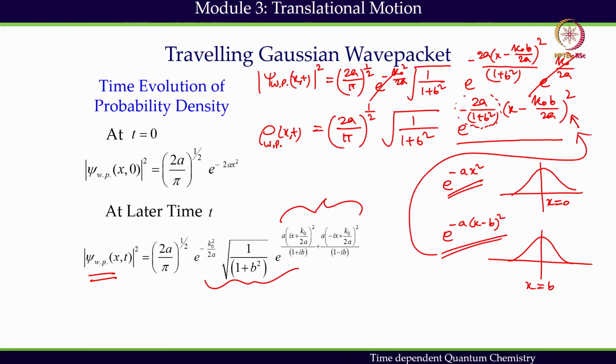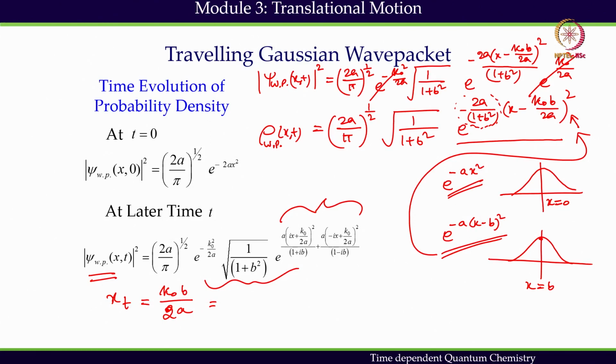So what we see here is that the center of the Gaussian is changing in this case, and the center of the Gaussian will be represented by x t, because it is a t dependent center. x t is nothing but k naught b by 2a. That's where the Gaussian center would be. Previously we have used the b value and a value, and both are known.